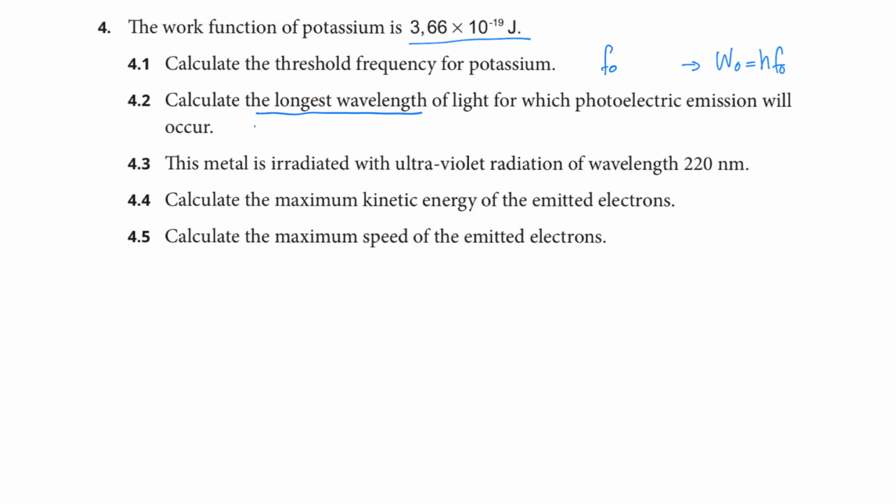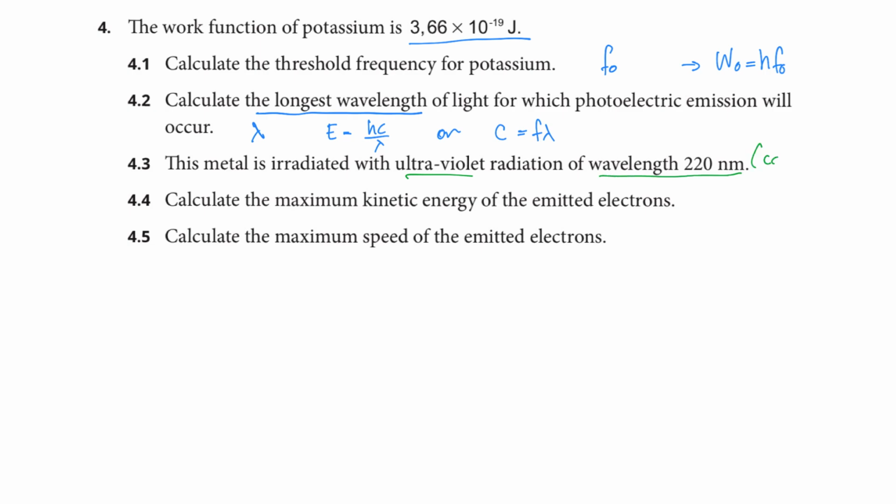So what you're looking for here is lambda. You can either use E is equal to hc over lambda, or you can use c is equal to f times lambda. Question 4.3 says that this metal is irradiated with ultraviolet radiation with a wavelength of 220 nanometers.